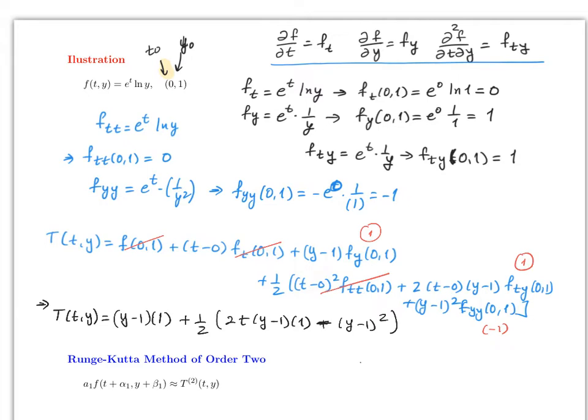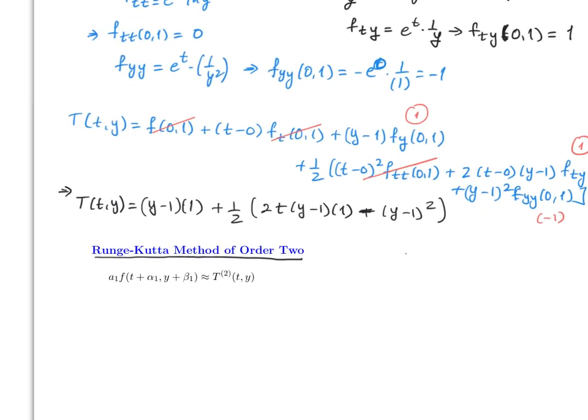In the next topic, which is Runge-Kutta methods of order 2, we're going to use a process very, very similar to this. Actually, it's the exact same process to derive the method. So the idea is pretty simple.